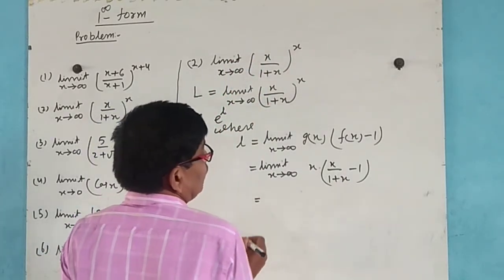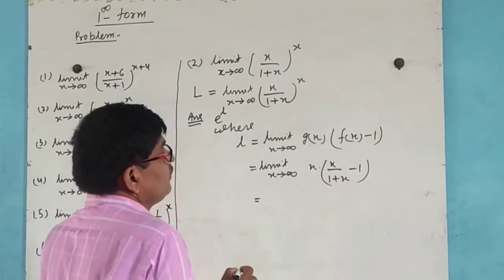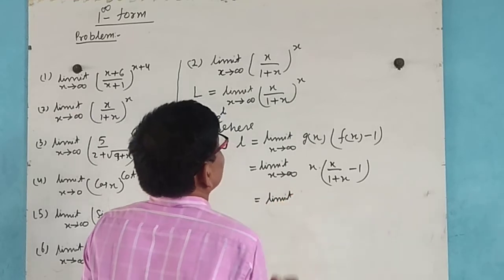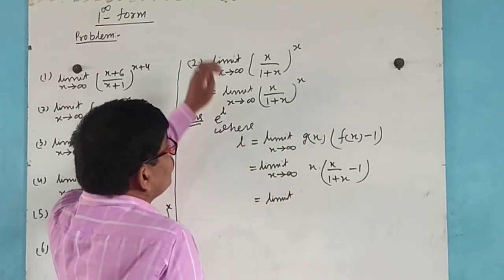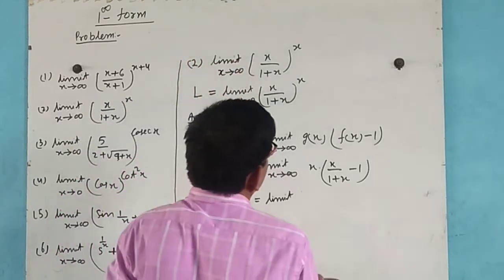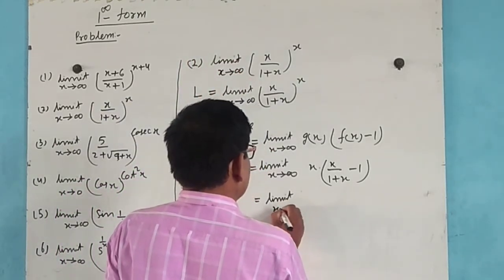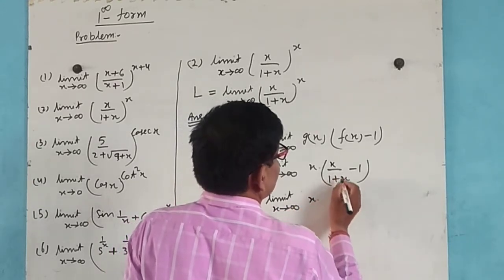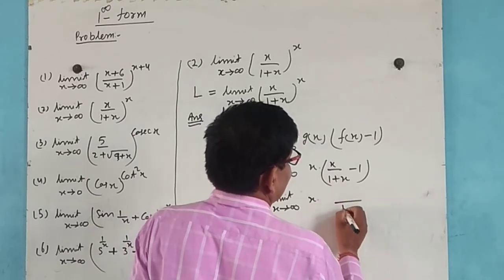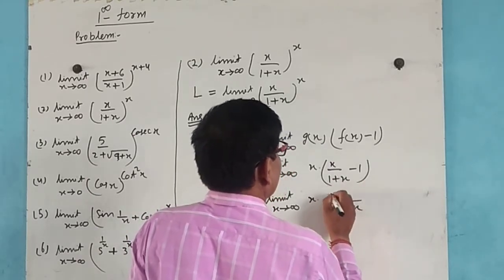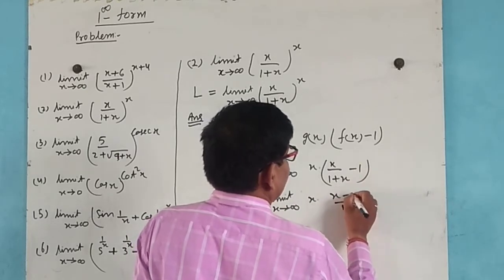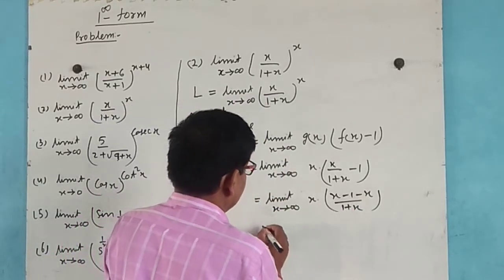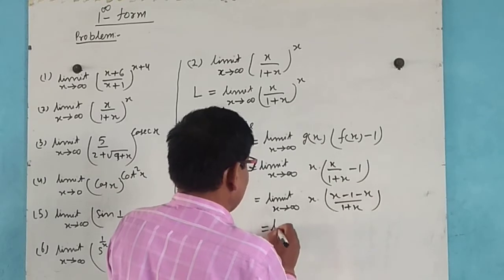Here limit x tends to infinity, x into, take the LCM 1 plus x. Now here x and minus 1 minus x. This x and x are removed.